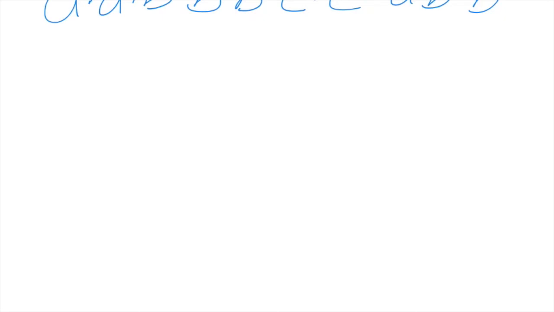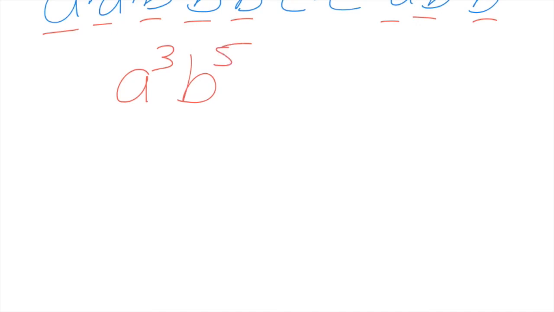If you did it correctly, you noticed that there were 3 A's. That's A cubed. You noticed there are 5 B's being multiplied together. That's B to the 5th. And finally, there are 2 C's, so that's C squared. So I get A cubed, B to the 5th, C squared.